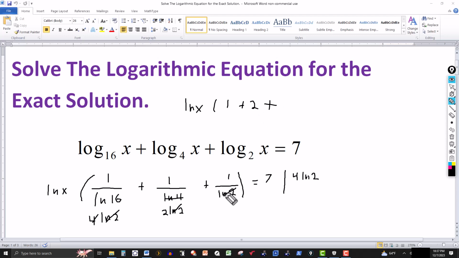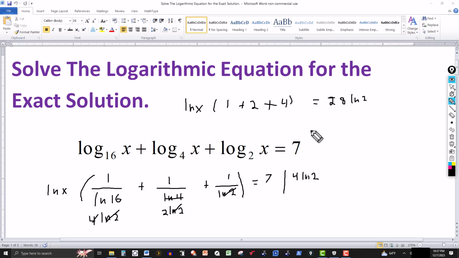Plus. And then for this one here, the ln of 2 cancel. I still have a 4 there. So this is a plus 4 here. And it's just still equal to. And the 7 also gets multiplied by the 4. So that's going to be 28 ln of 2.